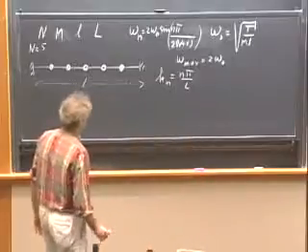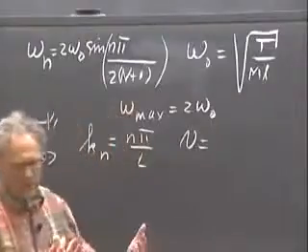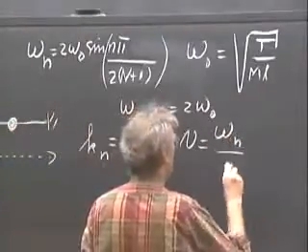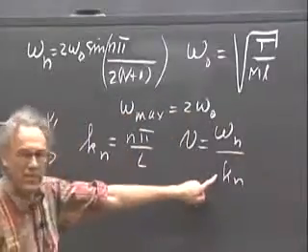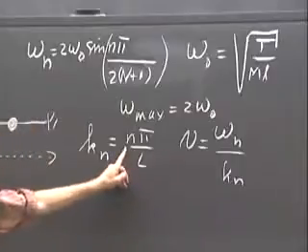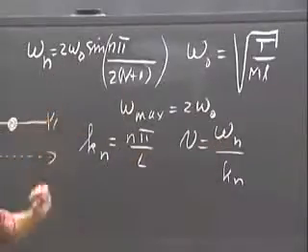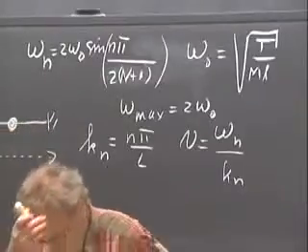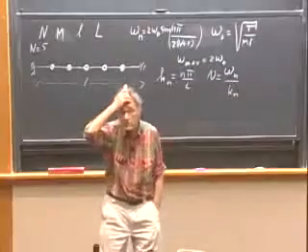But the speed of propagation, v, is of course the ratio of omega divided by k, so that is omega n divided by k of n. And since k of n goes up linearly with n, but omega n does not, it is clear that the speed of propagation is lower for higher frequencies.